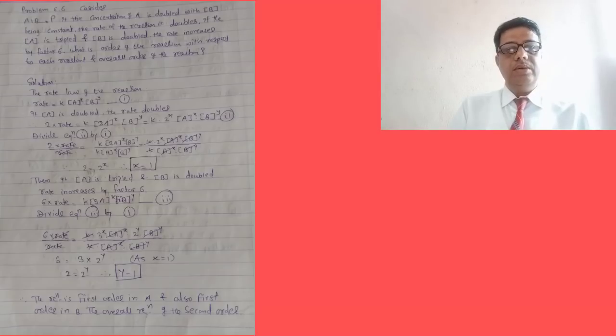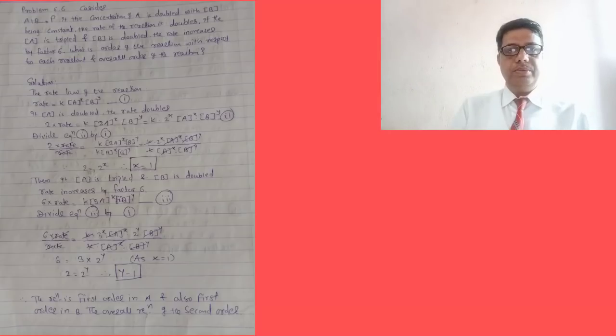So we obtain the separate powers for the reactants A and B. These are the orders of the reaction with respect to each reactant, that is X is equal to 1, Y is equal to 1. So the reaction is first order in A. This is most important: you have to write the answer in detail, that is, in the last line, and also it is first order in B. And we have to calculate the overall order of the reaction.